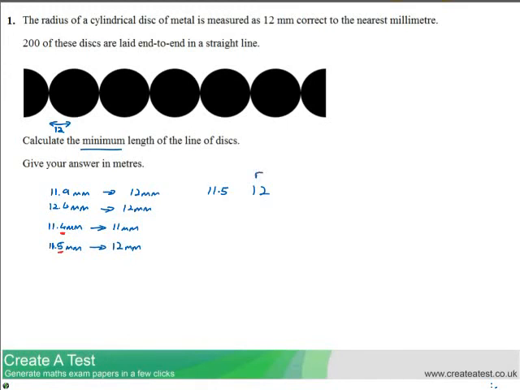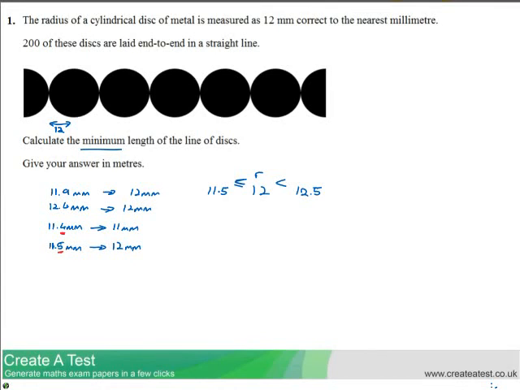I'm going to write R here: R is greater than or equal to 11.5, but it's got to be less than 12.5. It can't actually be 12.5, it can be anything less. So what we've said there is this 12 millimetres, correct to the nearest millimetre, could have been any number from 11.5, including 11.5, up to 12.5.